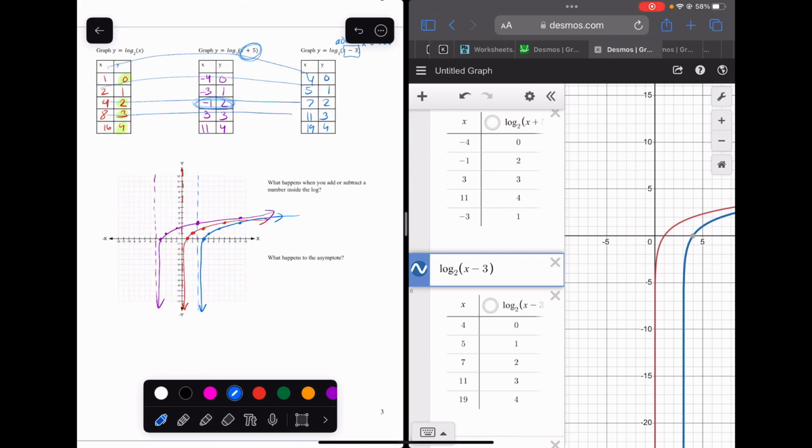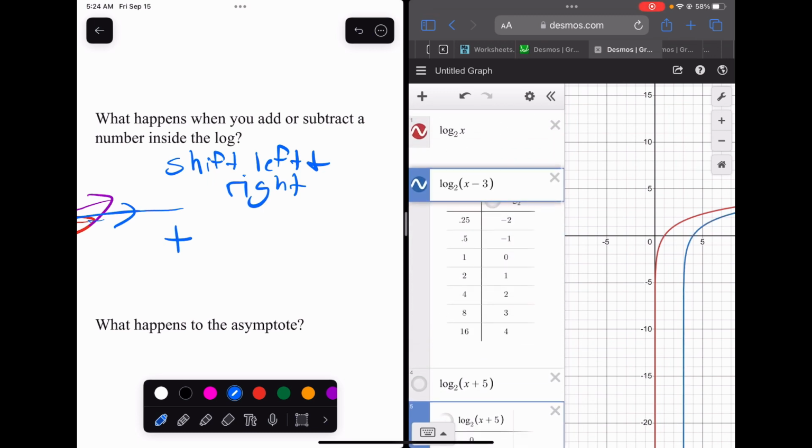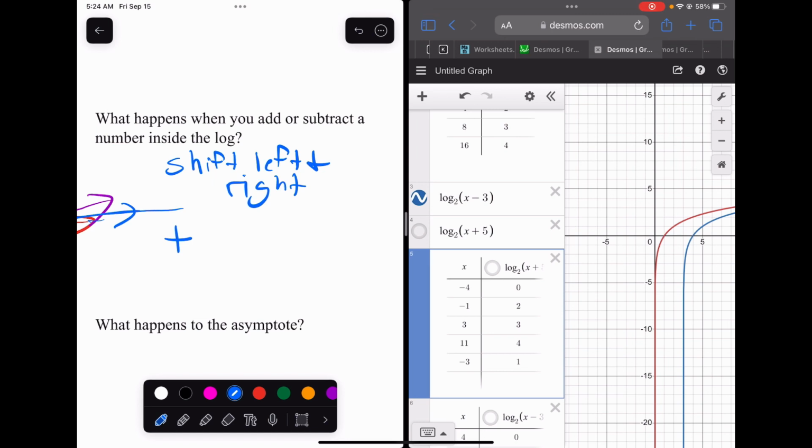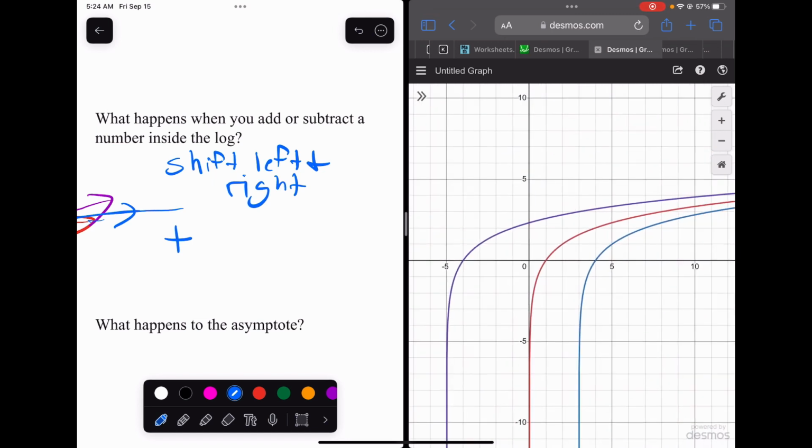All right, so what happens when you add or subtract a number inside of the log? Well, it's going to shift left and right. Okay, if it is a positive number, it's going to shift to the left, right? If we look at these graphs, when we added, that's that purple one, we shifted to the left. All right, and when we subtract on the inside there, we shift to the right.